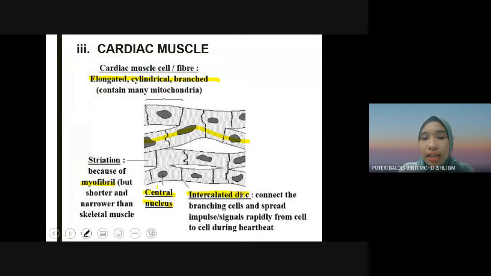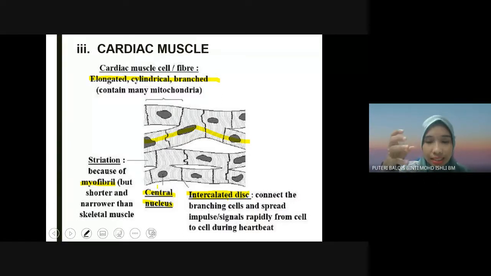Yang specialnya dia seorang je ada yang ni. Soalan selalu tanya, what is the unique structure? Kalau dia tanya unique structure, yang ni lah awak kena bagi. Okay, intercalated disc, dan dia akan tanya apa function intercalated disc.